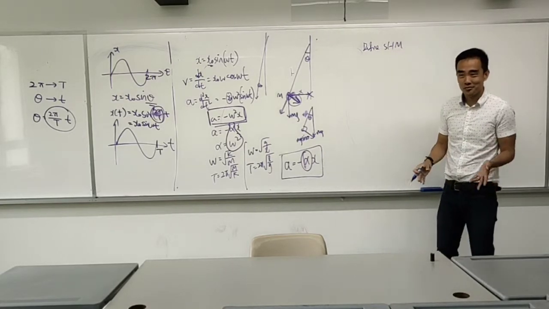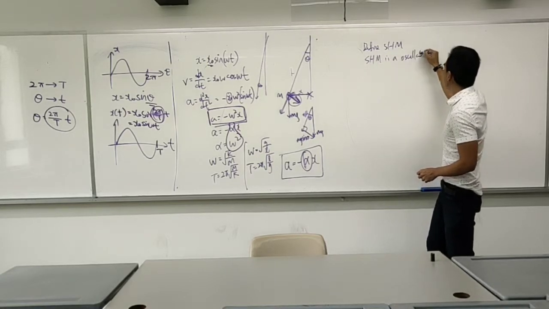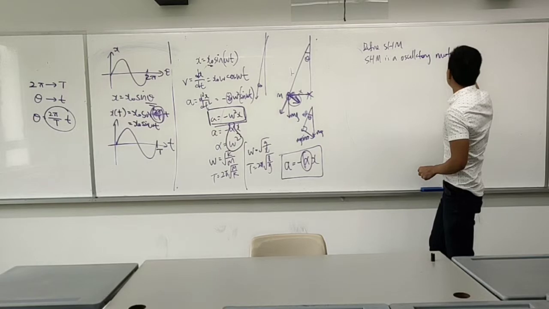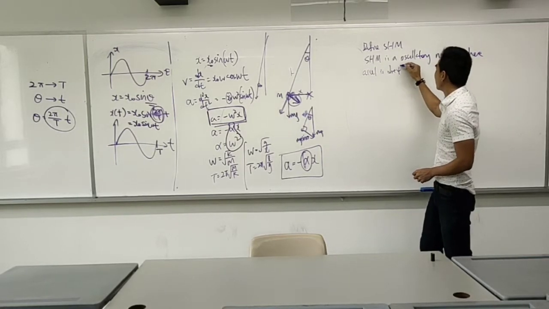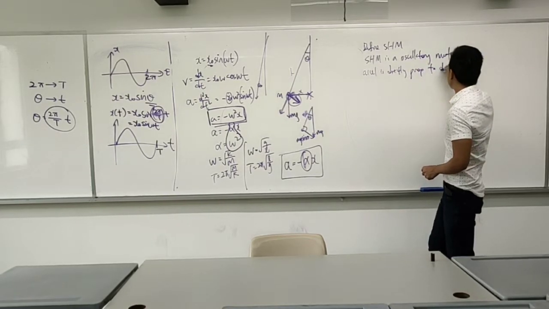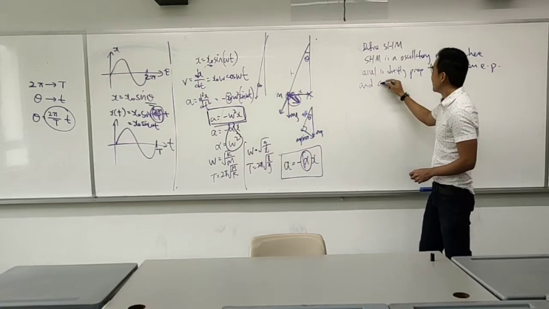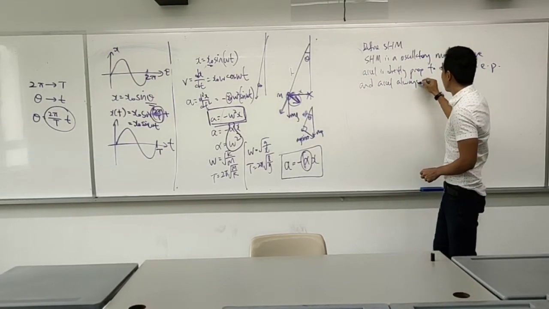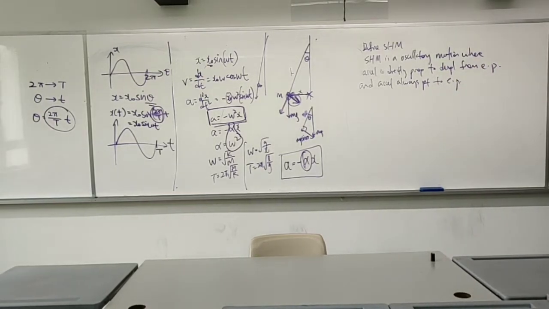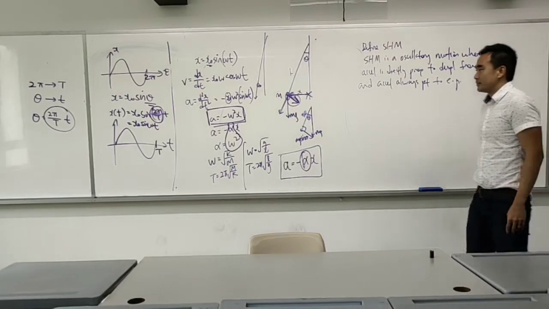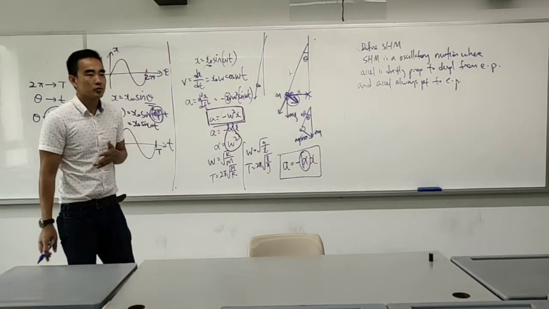SHM is an oscillatory motion where acceleration is directly proportional to displacement from equilibrium position, and the acceleration always points to the equilibrium position. Do we need to mention the small displacement? No, because if it doesn't obey that, then it's no longer called simple harmonic motion.